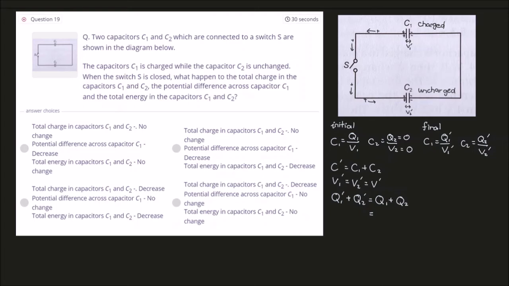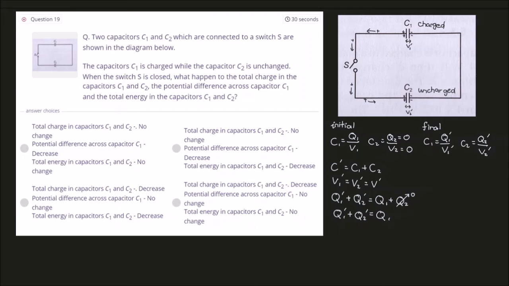We know that capacitor 2 initially has no charge, so Q2 should be equal to 0. So Q1 prime plus Q2 prime equals Q1. These are some of the relationships between the capacitance, the potential difference, and the charge stored on the capacitor.